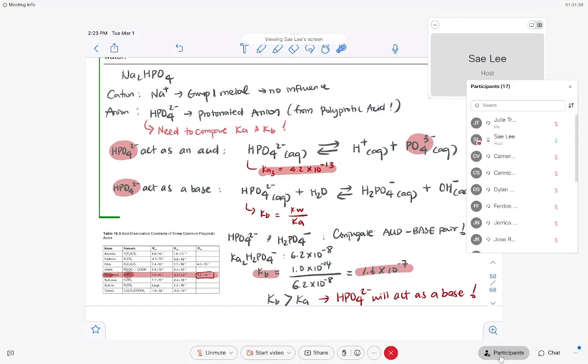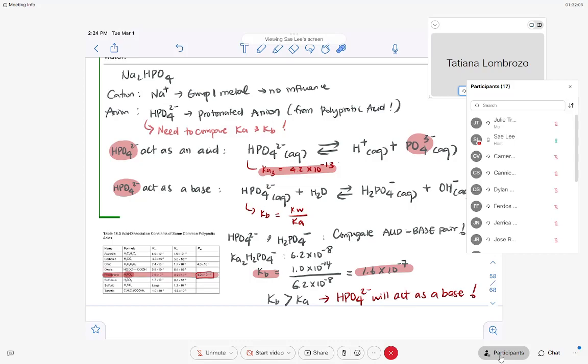If the acid dissociation constant is larger, what does it tell you? Let's say you have two acids. One has a larger Ka value. What does it tell you? If it has a larger Ka value, then it will act as an acid.